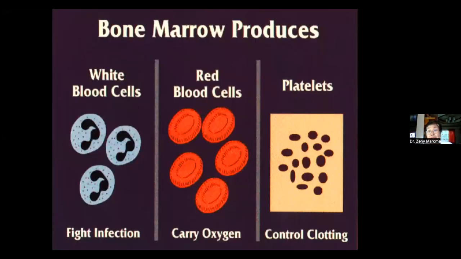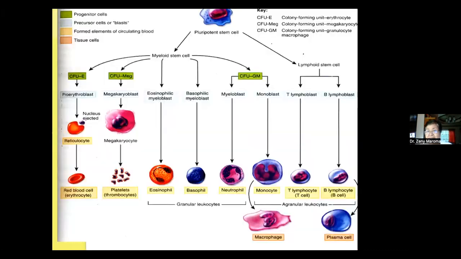Okay, so the bone marrow produces white blood cells, which are responsible to fight infection, our body soldiers, while the red blood cells are the one which carry oxygen. So ito mismo responsible for transportation of oxygen to the different body cells, while the platelets are responsible for blood clotting.